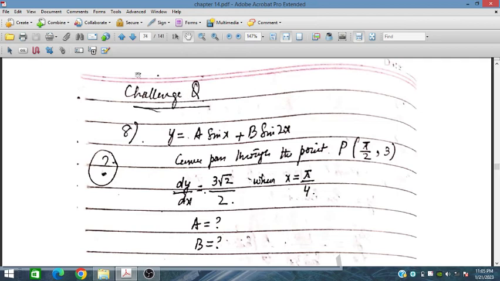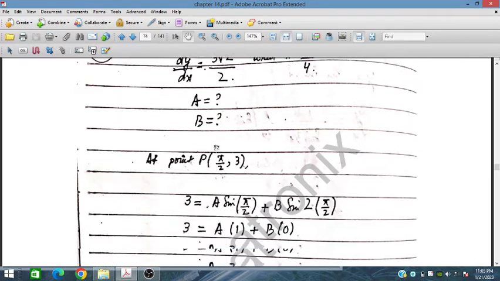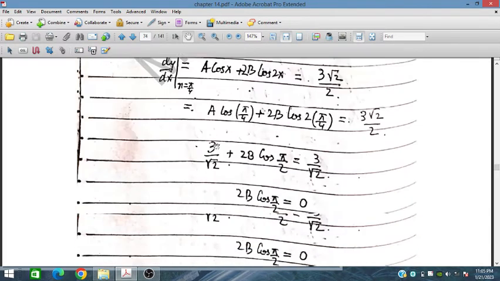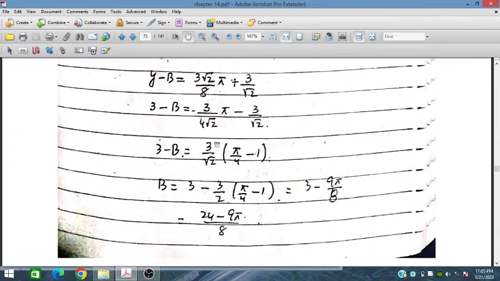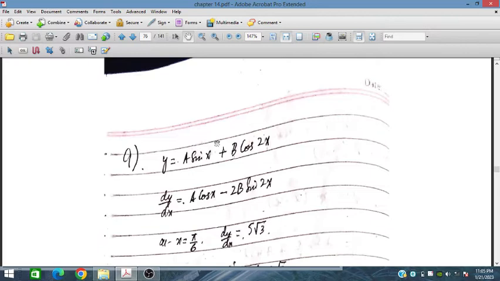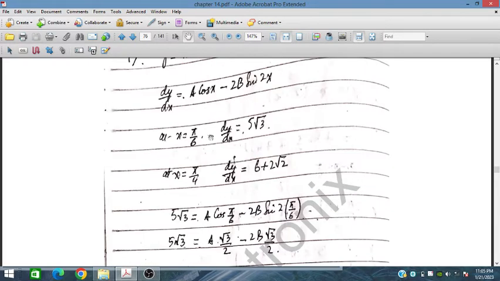And this is a challenging one. It's a bit lengthy. So let's solve this question number 9.